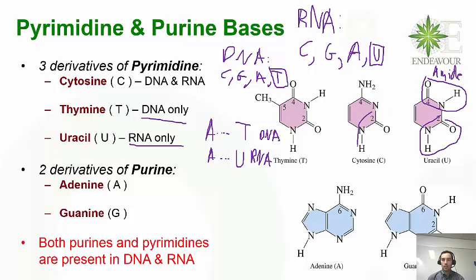Same with our cytosine. And at the top of our cytosine here, we've actually got an amine because there's no oxygen associated with that one. Thymine actually has a very similar structure to uracil. The only difference is the extra methyl group here. So you can sort of see why it would function very similarly.